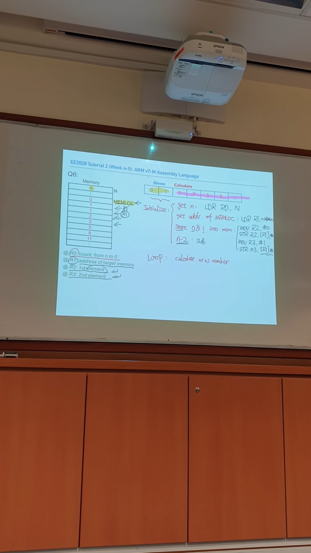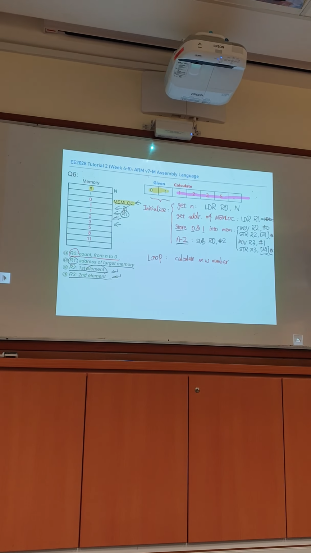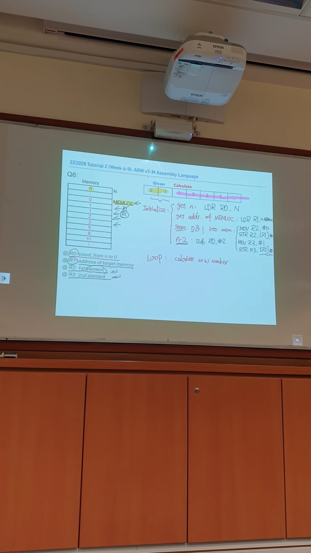SUB R0, R0 minus 2. Okay? So this is the initialization. Now everything is ready, you are here. You are going to do the next step.